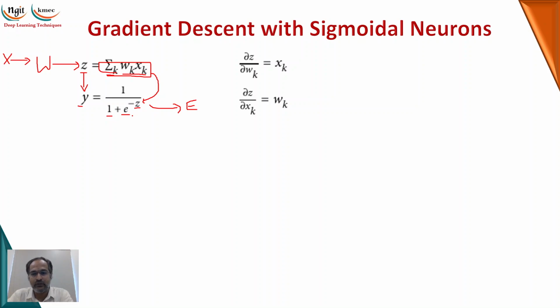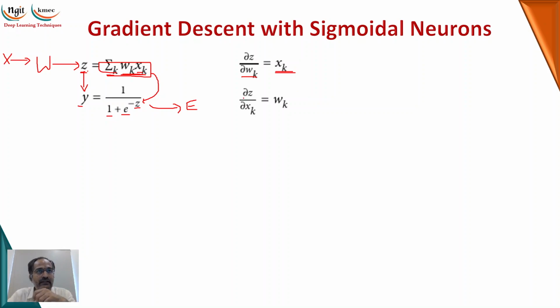Now for the basic rule, dou z by dou w is equal to xk. Why? Because whatever is involving the w, that w only will remain, and the multiplication of that w will remain, so only xk remains, and the rest will be nullified with 0.